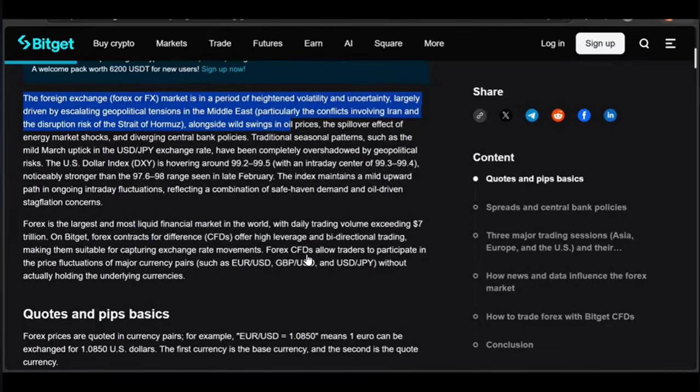You are not buying something like Bitcoin or a stock. You are predicting whether one currency will go up or down compared to another. If you think the euro will go up against the US dollar, you buy. If you think it will go down, you sell. That's it. That's the core concept.